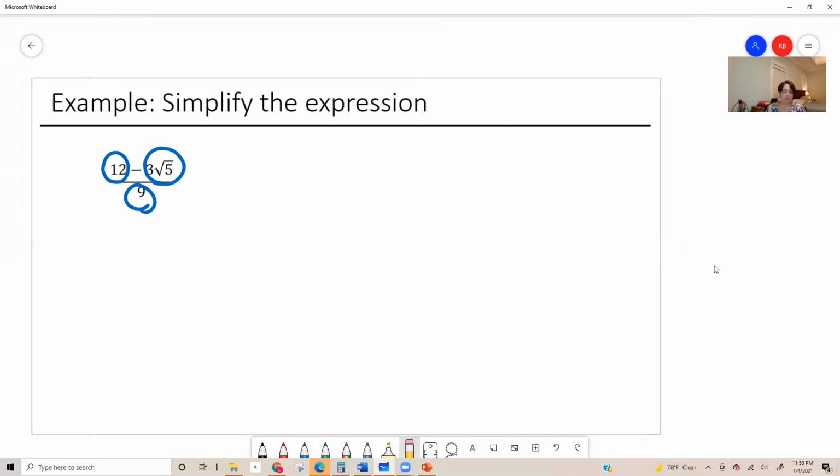So what we can do then is we are going to look for ways to simplify this. So I'm going to look at the 12, this 3, and this 9. And I want to look at a common factor. So the greatest common factor, GCF, we learned that last time, of 12, 3, and 9, well, that would be 3.